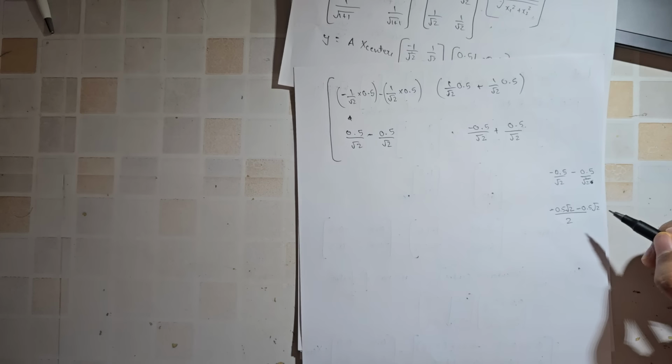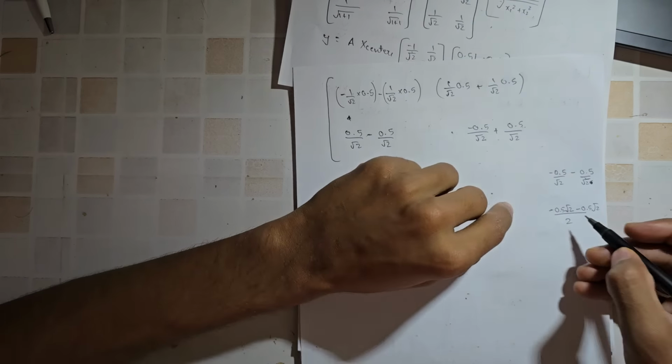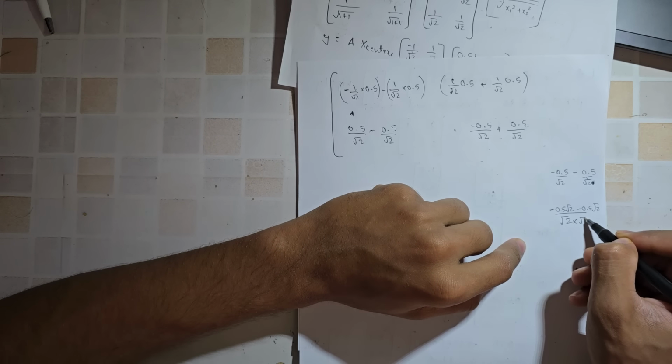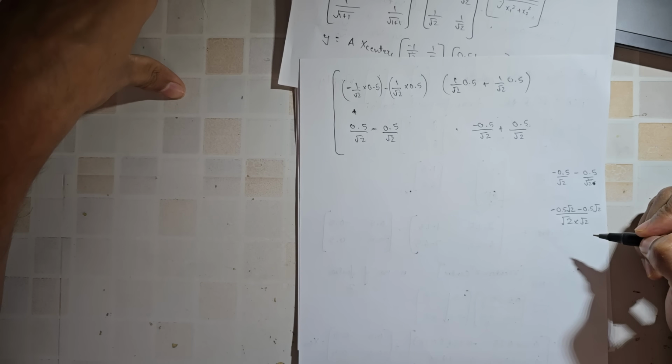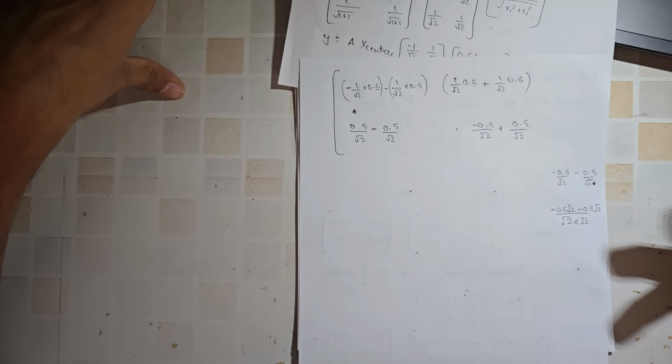Again, if you just solve it, you can write it as root 2 into root 2 as well. Here root 2 into root 2, but whatever you do, the subtraction, one will be 0, the other you will be getting some values.